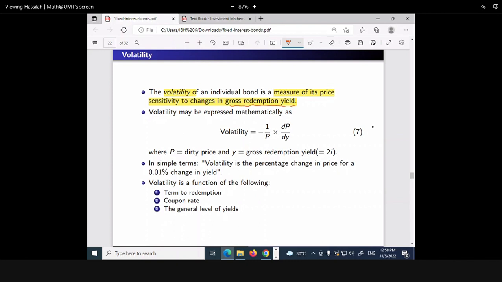Cari the present value. Gross redemption yield tu you cari 2I. Net redemption yield pun you cari 2I juga. Tapi you punya formula asas nak mencari 2I tu, formulanya berbeza. Ada teks dalam tu. Remember? Okay.